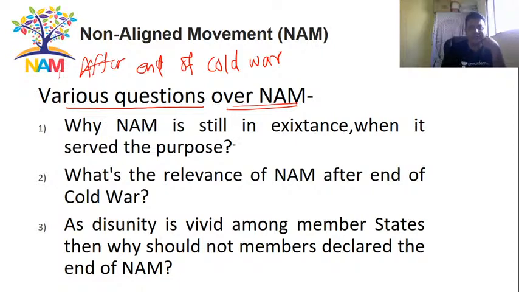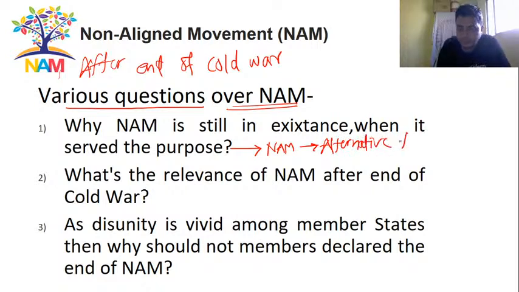This question is valid. Why is it so? Because NAM acts as an alternative to Cold War politics.